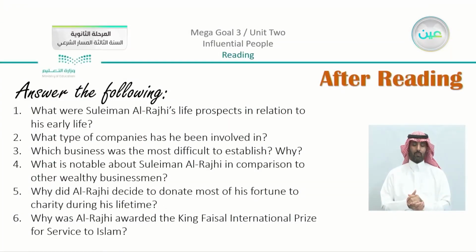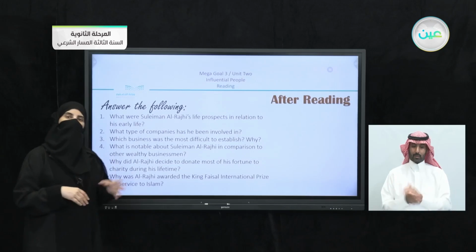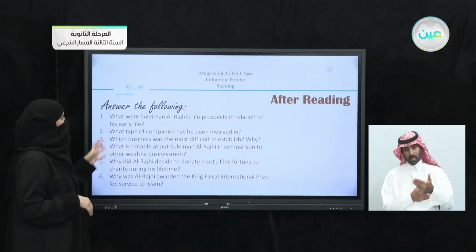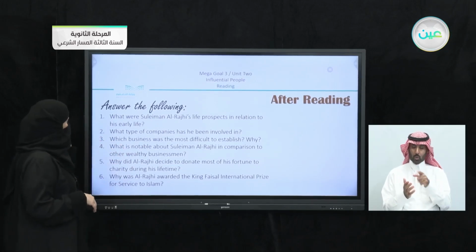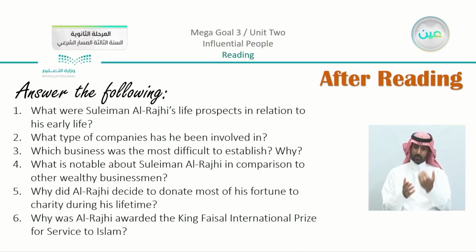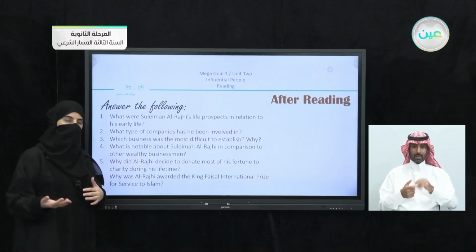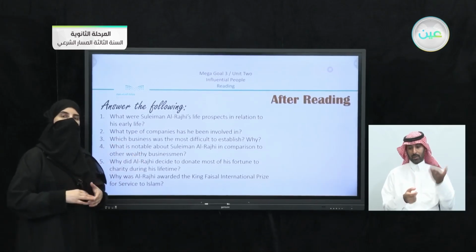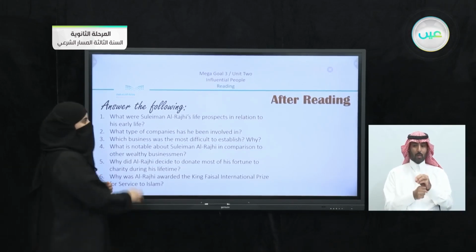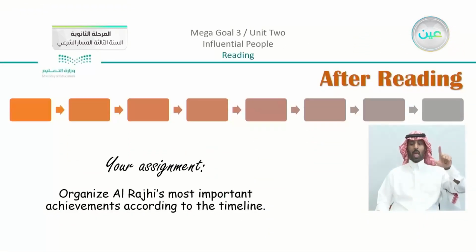Now, we have finished the reading. We have the after reading questions. In your book, you have 6 comprehension questions. You are going to do the questions or search for the answers by yourself as homework, and we're going to go back to that. We learned a lot about Sheikh Sulaiman Rajhi today, so I'm going to leave the rest for you.